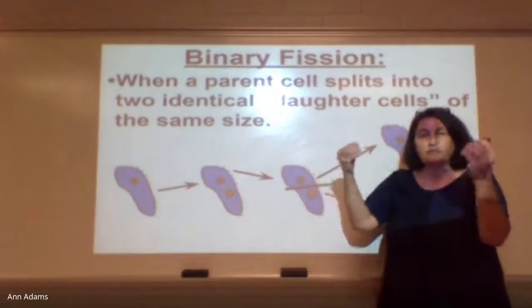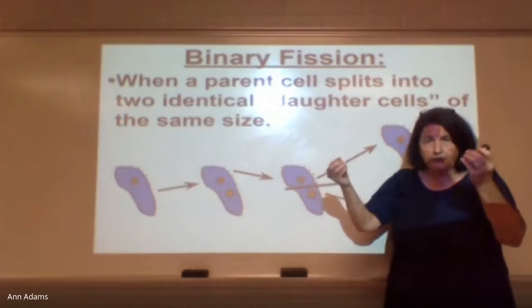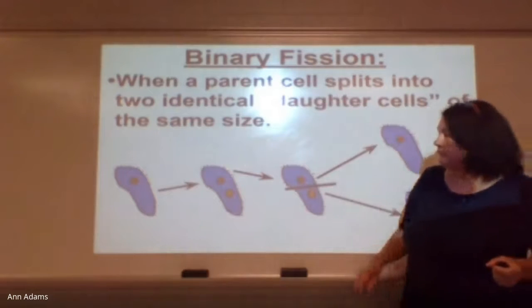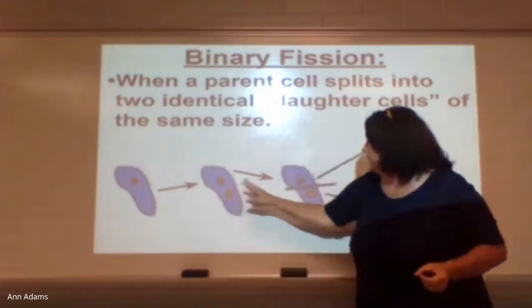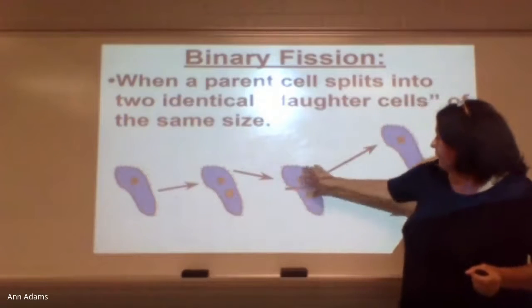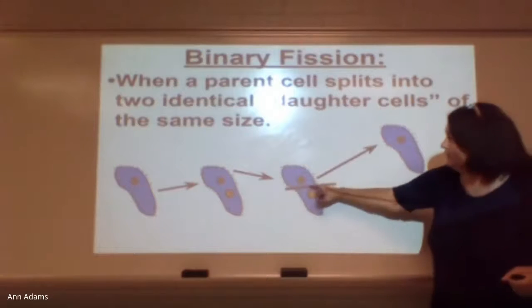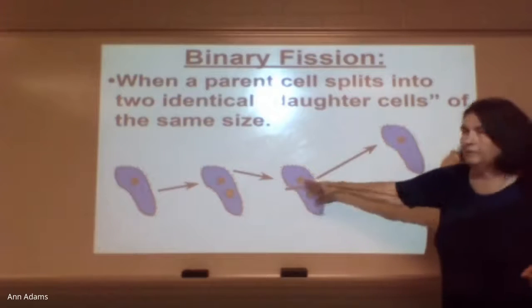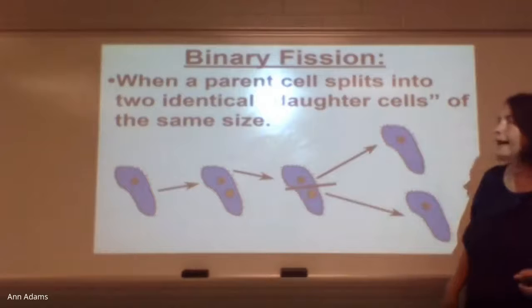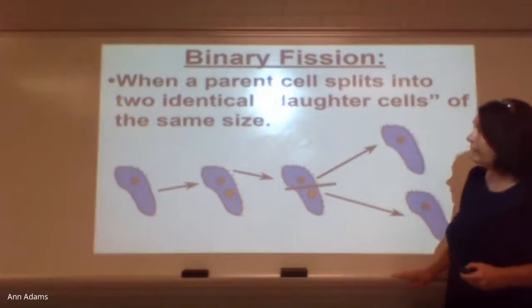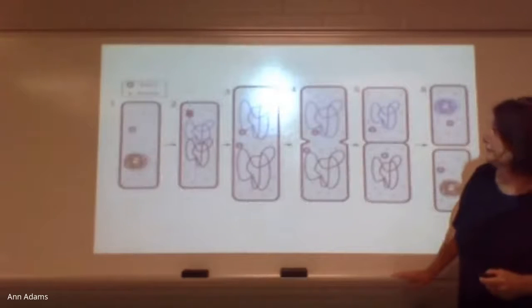It just splits and you've got two exactly the same. You've got one, two come out, it breaks, you've got two identical here. This one and this one came from that. They're identical to the parent. That's what binary fission is.